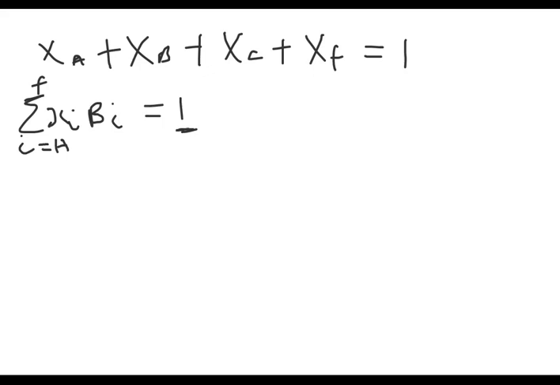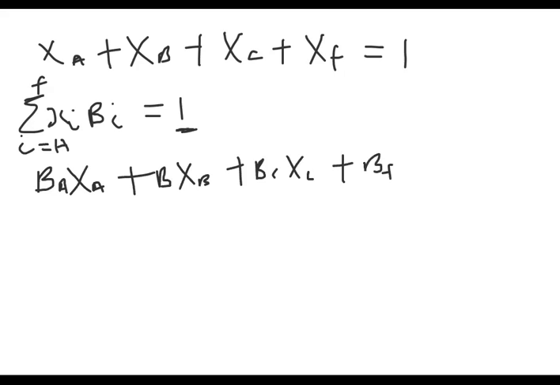Then I can say that, I'm going to call each of the betas, beta A multiplied by XA, plus beta B multiplied by XB, plus beta C multiplied by XC, plus the beta of the risk-free asset multiplied by the weight of the asset, should be equal to the beta of the market portfolio, which is 1.